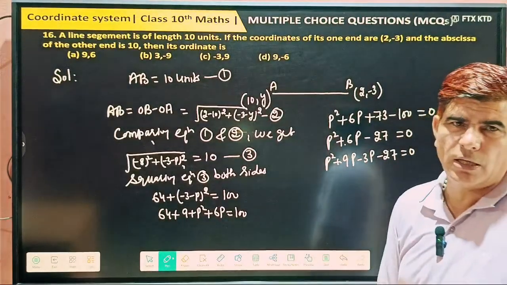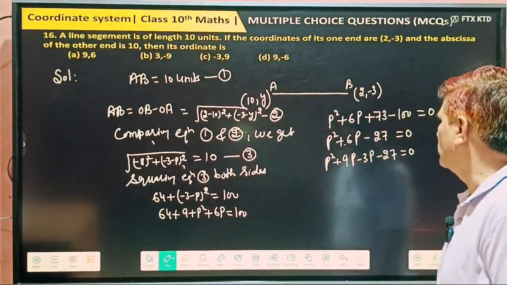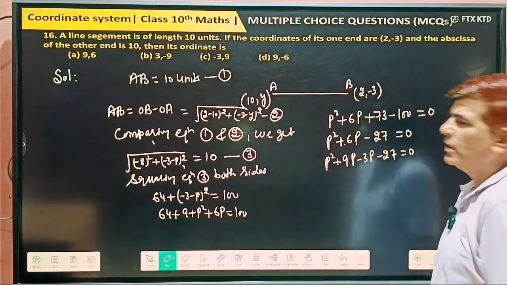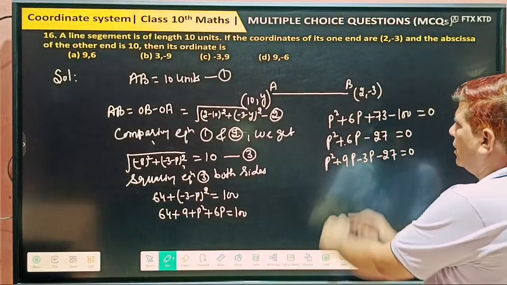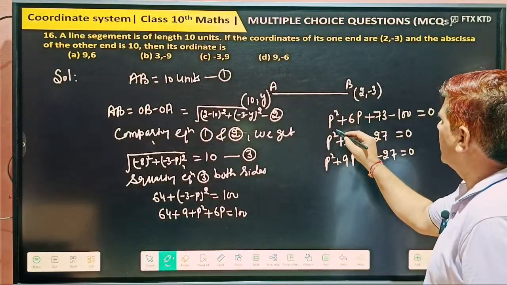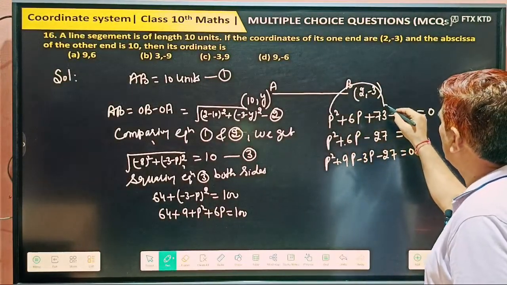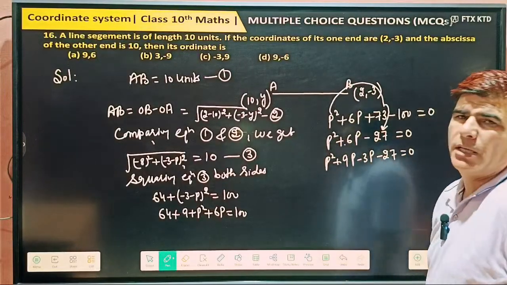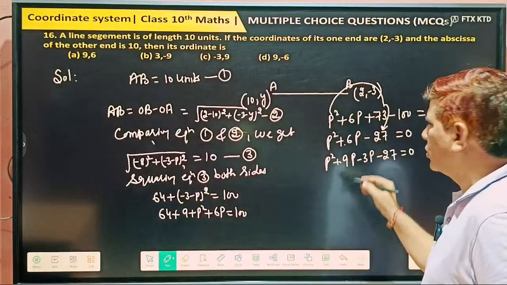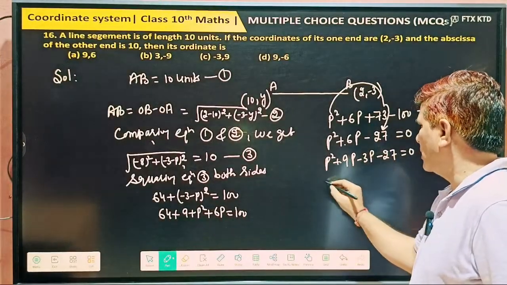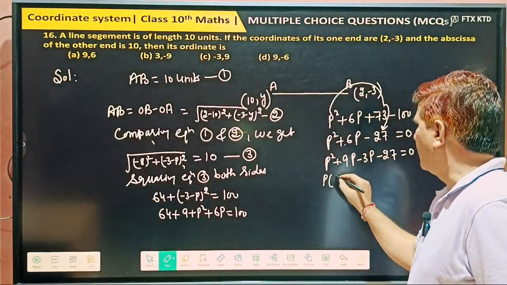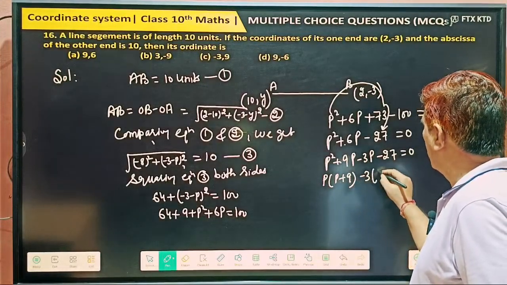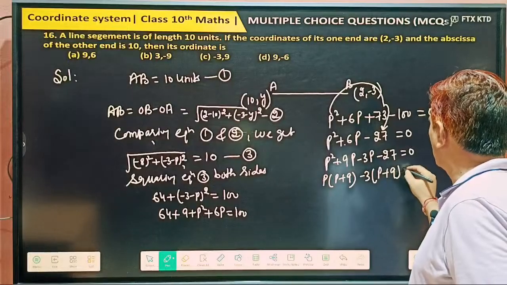Again we will check whether our step number 1 is right or wrong. What's the sum of this? 6p, meaning step number 1 is right. What's its product? Minus 27p square, and this product is also minus 27p square. It means both our steps are right, the factorization is right. What can we take common? p plus 9, then minus 3, p plus 9 is equal to 0.